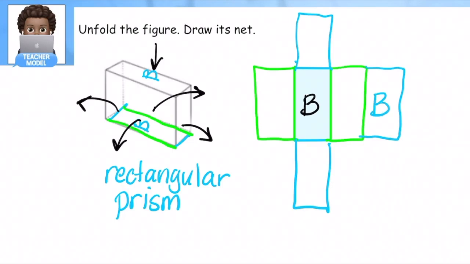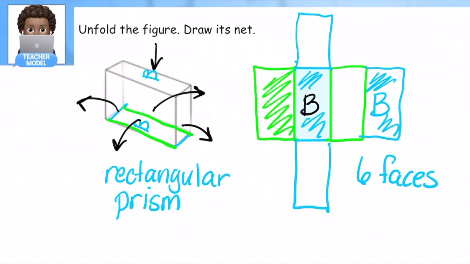But I can see all 6 faces. The other thing I can see is that this and this would be the same size, and these parts over here, when I unfold it, would also be the same size. And our last part, these two would also be the same size.